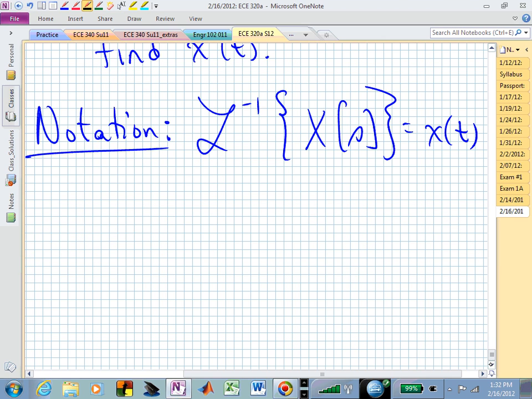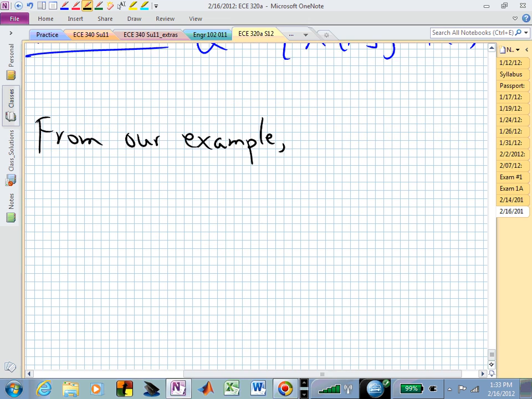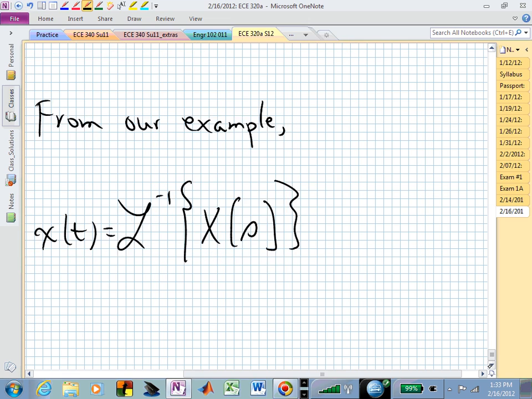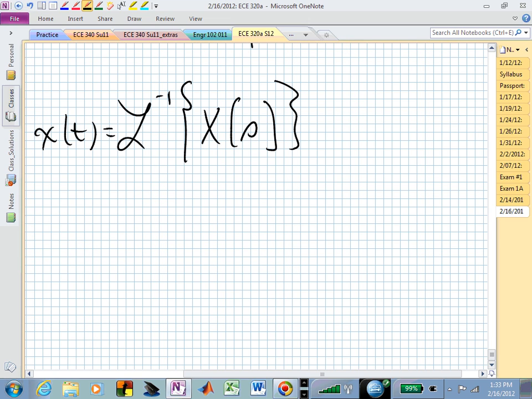And from our example, what do we now know? Well, we now know that x of t, little x of t, is the inverse Laplace transform of capital X of s. But capital X of s we actually wrote in two pieces, so we can break this into two pieces.